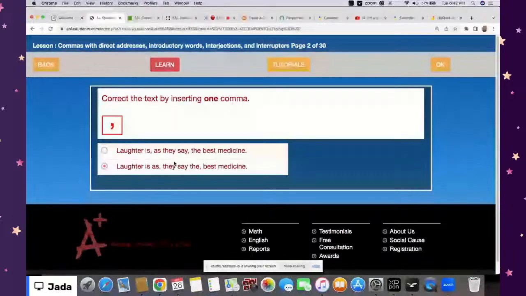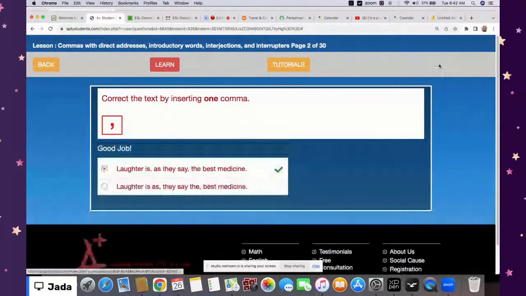"As they say" is an interrupter. So you put it in the first one, yes, because "as they say" is just an interrupter. It's interrupting the sentence, so it's going to be "as they say." All right, yeah.